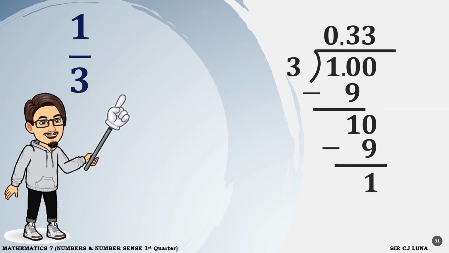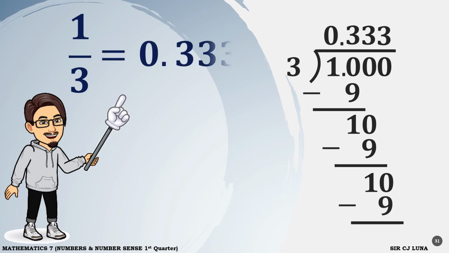So 1 ulit. Okay? So try natin ulit magdagdag ng isa pang 0. Ayan. So we have now 10 divided by 3 is 3. 3 times 3 is 9. And then the difference is 1. So kapag ganyan, stop ka na. Kasi kung mapapansin mo, umuulit na lang yung 3. Okay?